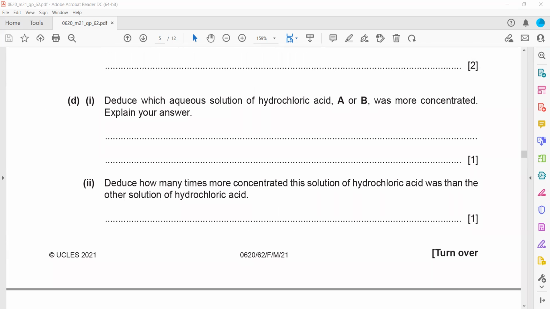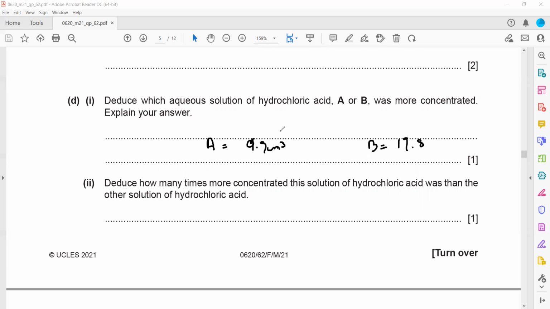Deduce how many times the concentration of a solution of hydrochloric acid. So when we deduce the concentration, as you can see for A, for a complete reaction we need 9.9. And for B, for a complete reaction, it is 19.8.